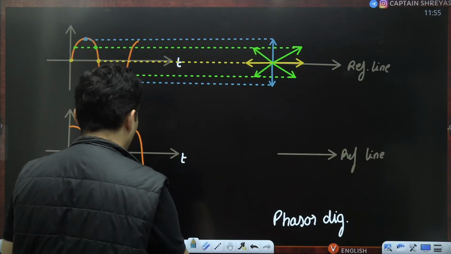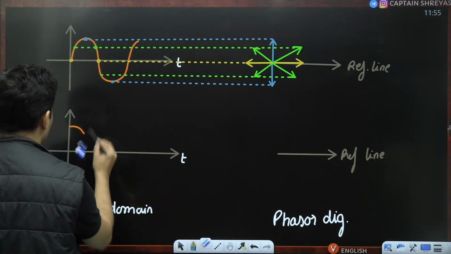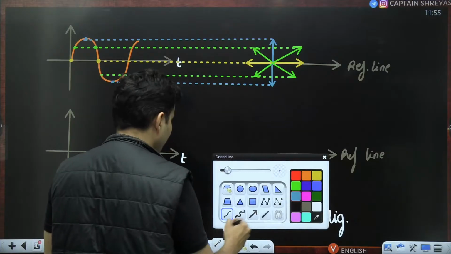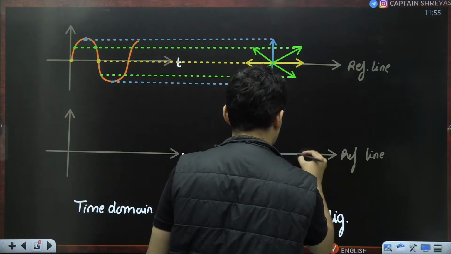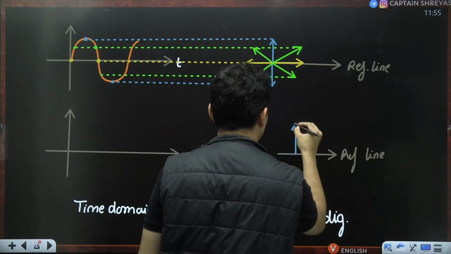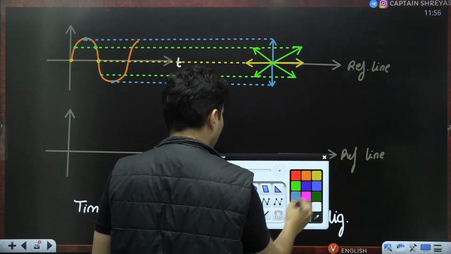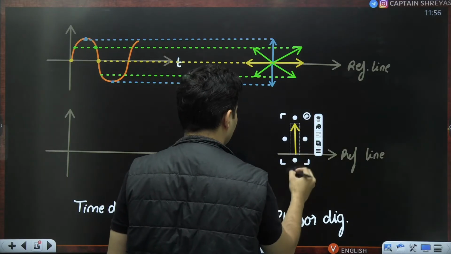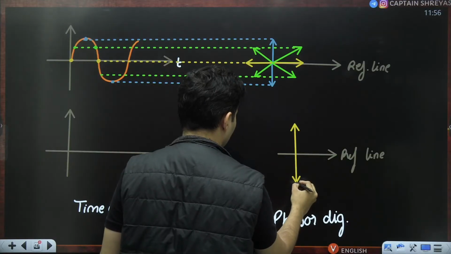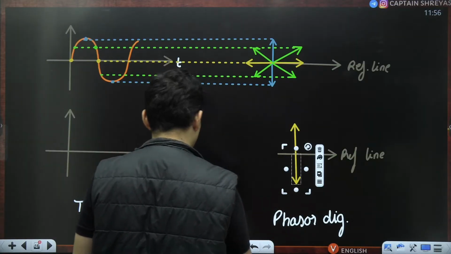Same thing I can also do over here. Slightly better diagram I'll have to draw. I'll just try it. Don't worry. Initially, I will be in this situation here, like this.